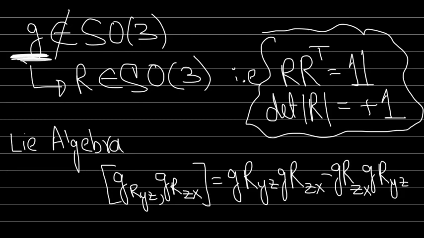So I've just opened the commutator, and now if I compute this, what I get is iota G_RXY, right?